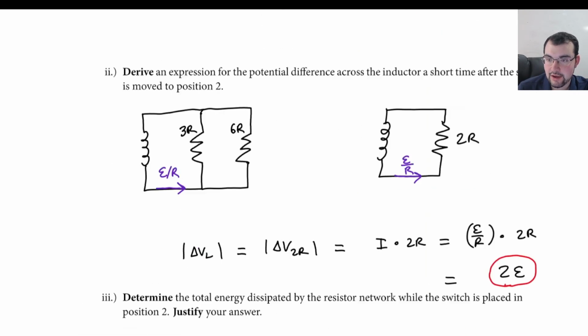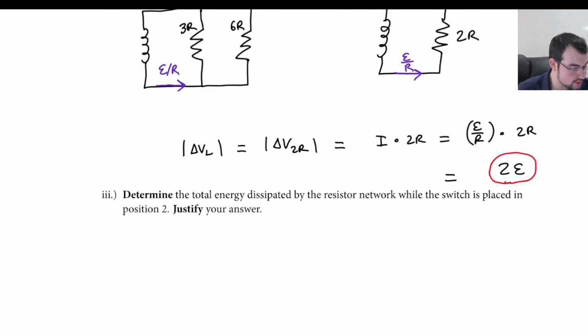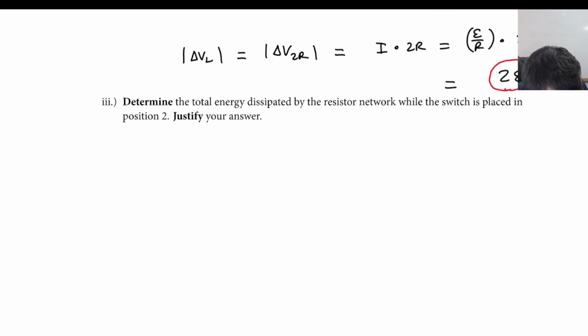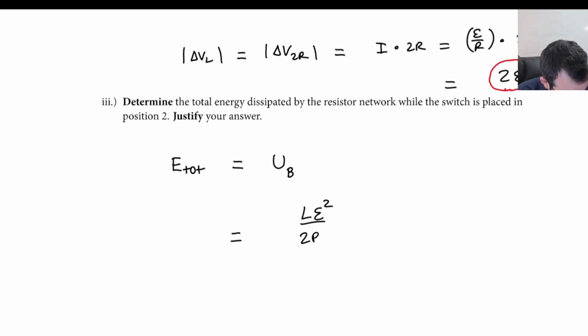So if I let it go and the current decays and it gets turned into heat, we know that E total is just going to be U stored in the magnetic field initially, which we said was L epsilon squared over 2R squared.